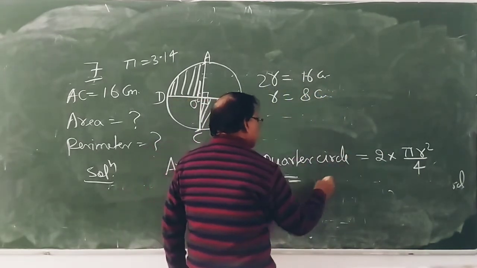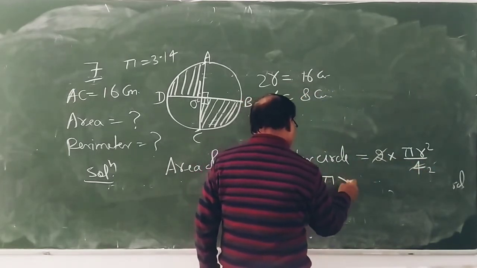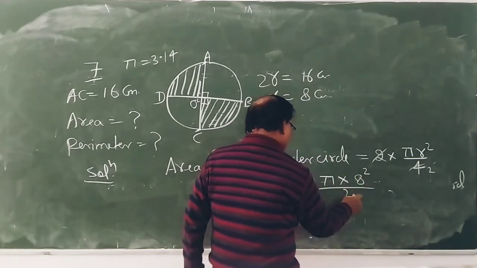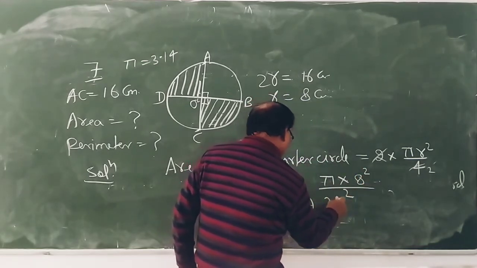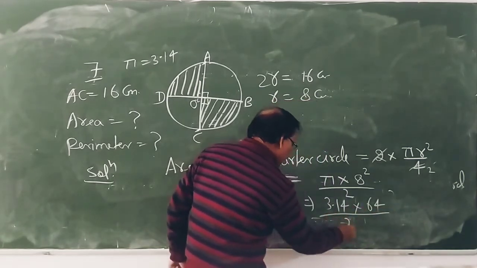Put here, 2 to the 4, pi into 8 square by 2. So it will be 3.14 into 64 by 2.